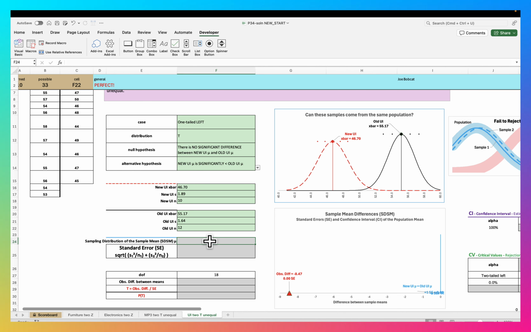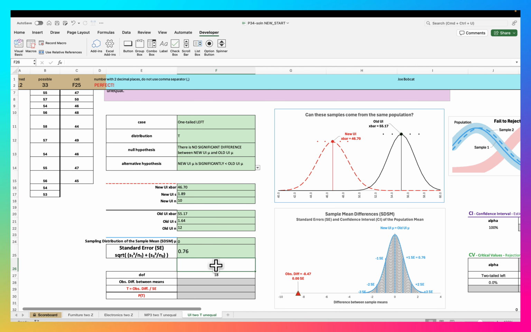So the hypothesized difference between means should be a 0, and what our expected variability should be is square root of that squared divided by n plus that squared divided by that n, 0.76, and our observed difference is that minus that.